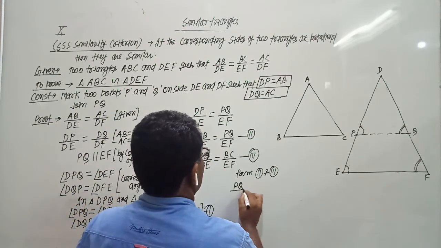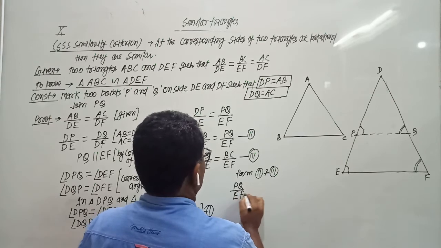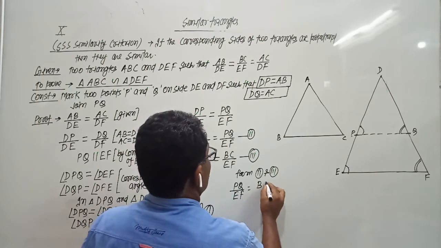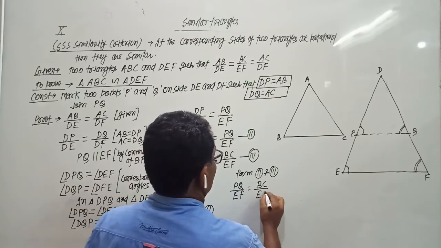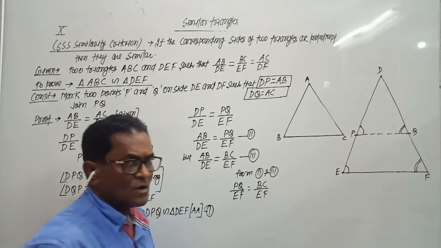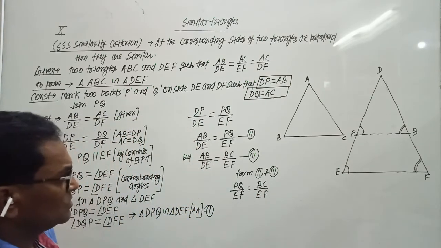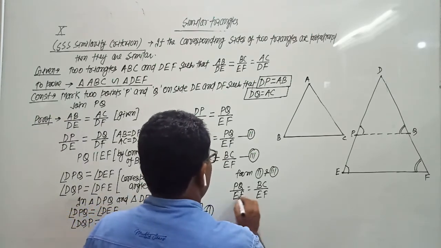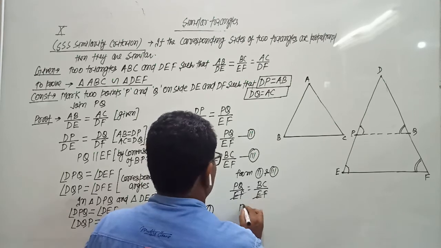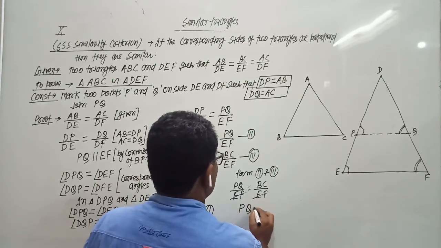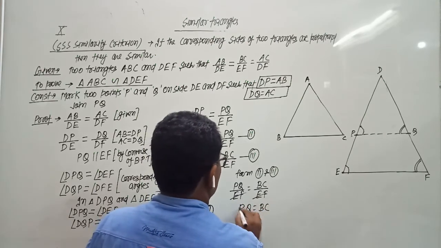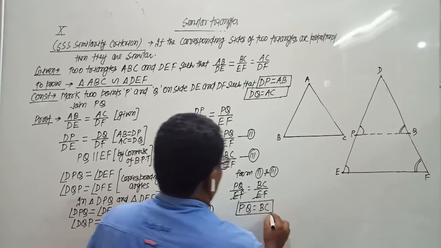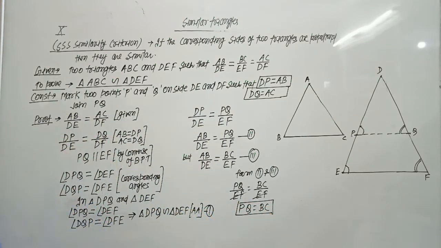So we get PQ upon EF equals BC upon EF. It means EF and EF cancel and we get the result that PQ equals BC.